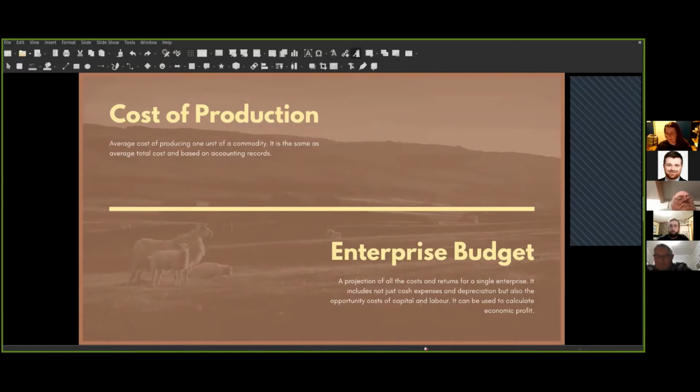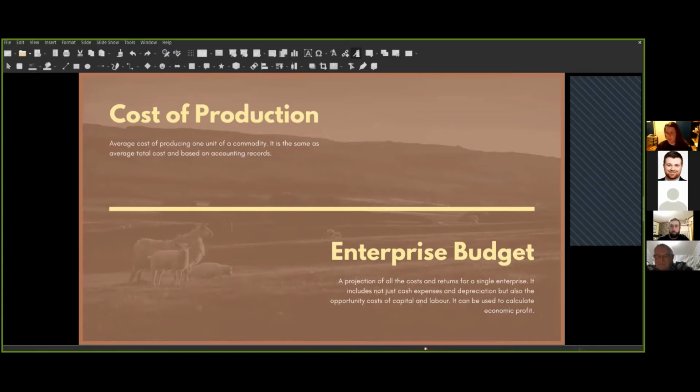One of the main criticisms is that it doesn't include your opportunity costs and the costs of non-cash items, for example owner labor, infrastructure costs, the cost of selling from one enterprise, like if you have cropping, the cost of selling that crop to your lamb production. Those things are all covered under enterprise budgets. That is where those calculations end up getting made.